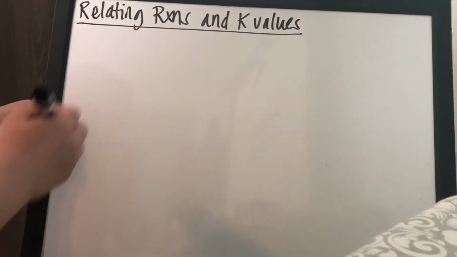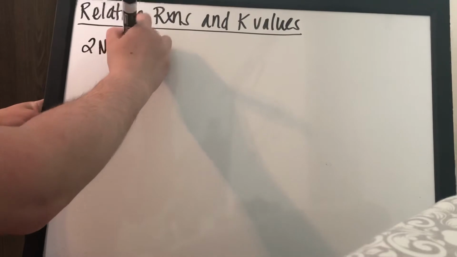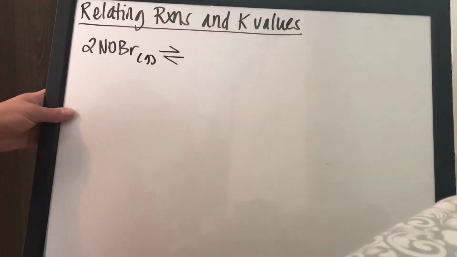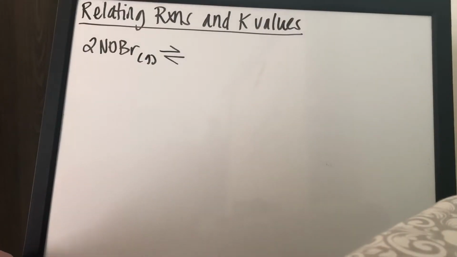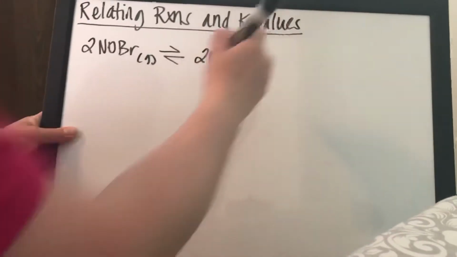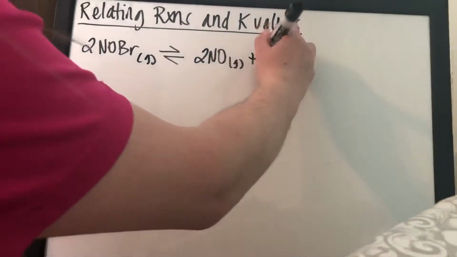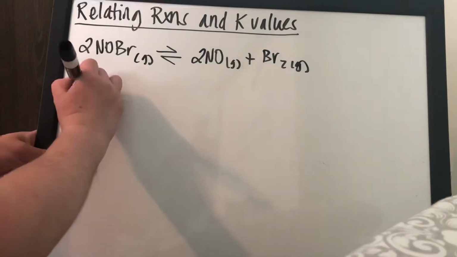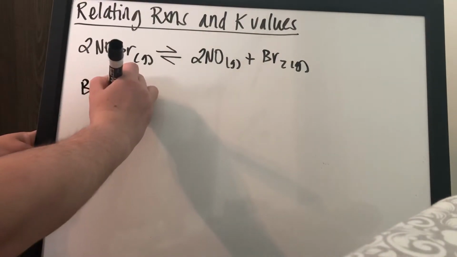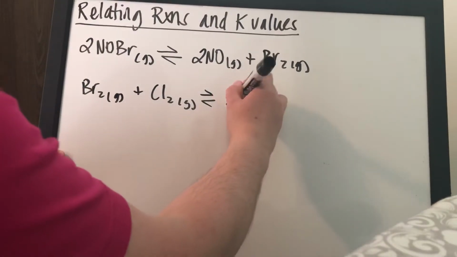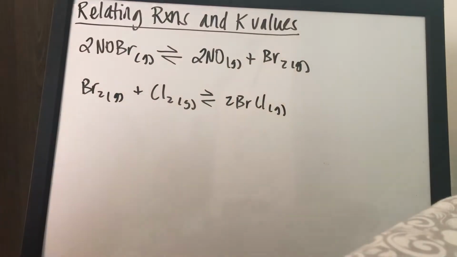So let's say we had this reaction, and then let's say I have a second reaction that looks like this. Okay, so I can write Kc values for both of these.